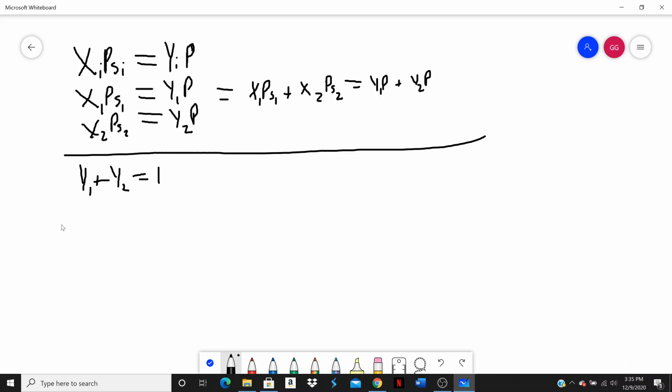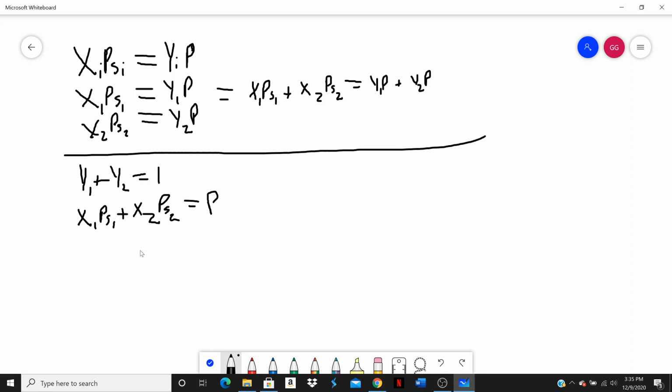So we can rewrite the equation above: x1 ps1 plus x2 times the pressure of saturation of component 2 is equal to p, because y1 plus y2 is equal to 1. If we factor out the p, we just get p times 1.